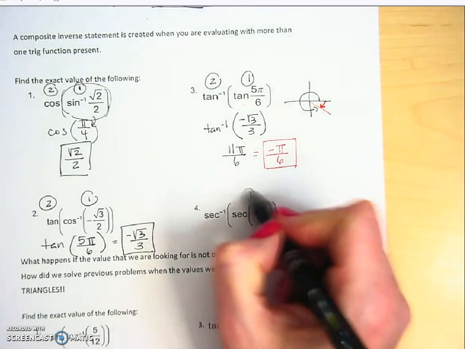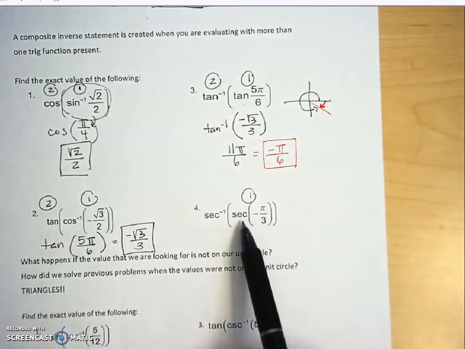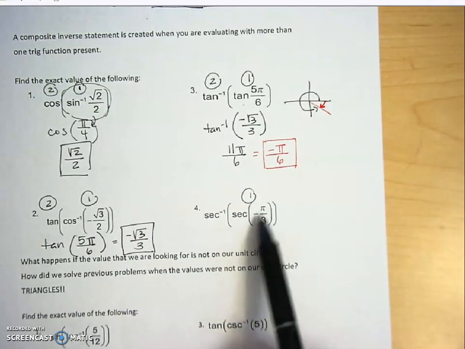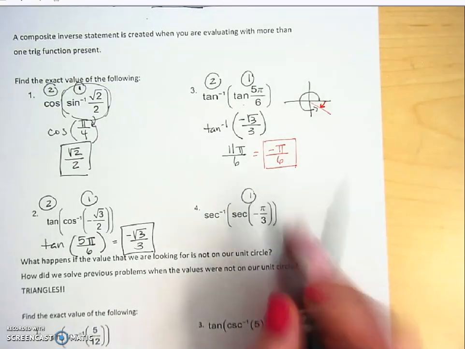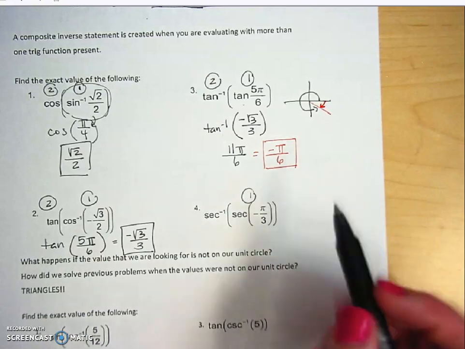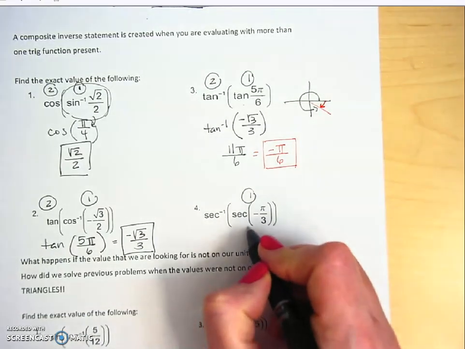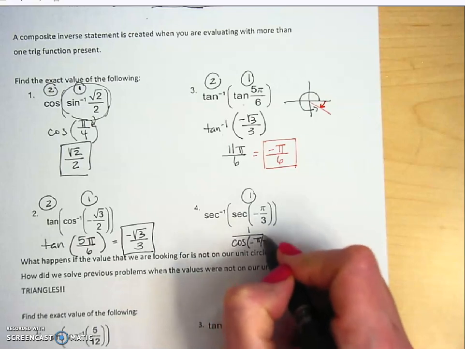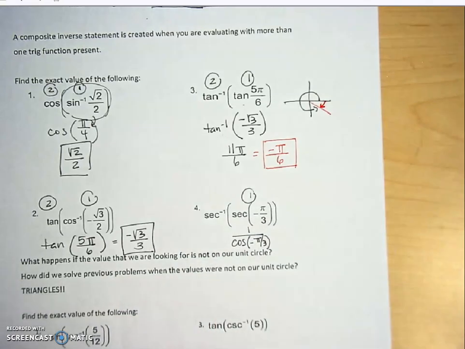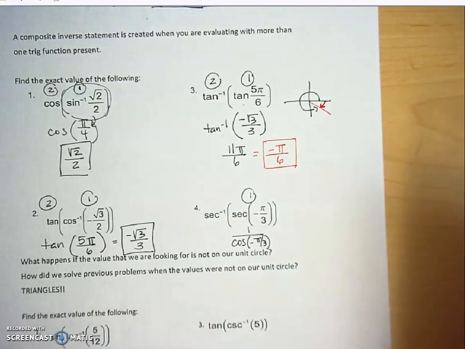All right, so this first one, we need to find secant of negative pi over 3. Remember that secant is the reciprocal of cosine. So what we're going to do is find the cosine value there first, and then just take the reciprocal of it. So negative pi over 3.